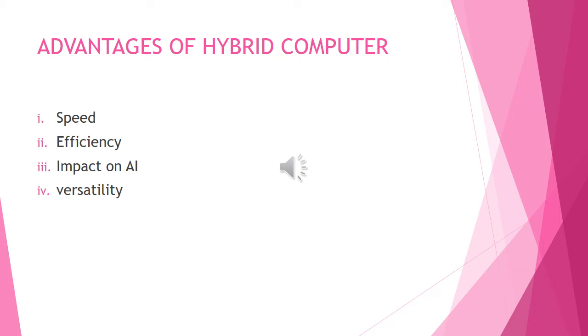Efficiency is more important when you are dealing with a serious deal or business with an individual than with digital devices. Impact on AI: they have designed some artificial intelligence features on the system so that, without even drawing, you will have the picture in the form of drawing that you need. So they have impacted it with AI. Versatility: it is more vast than analog and digital devices because it comprises their functions.